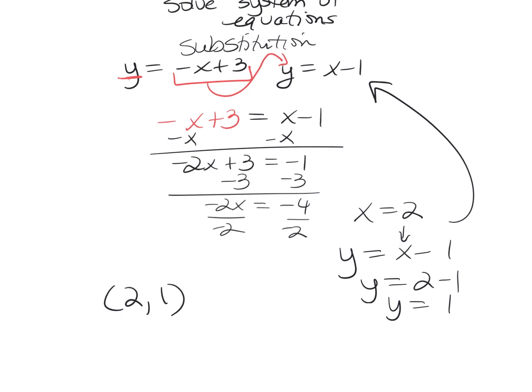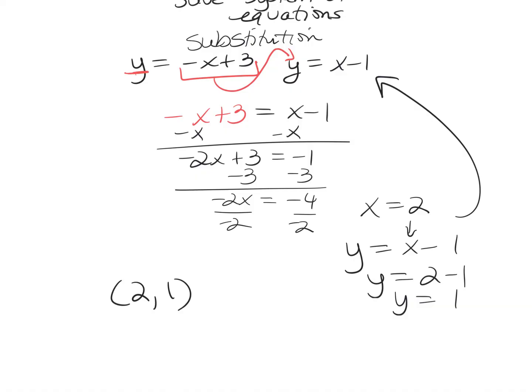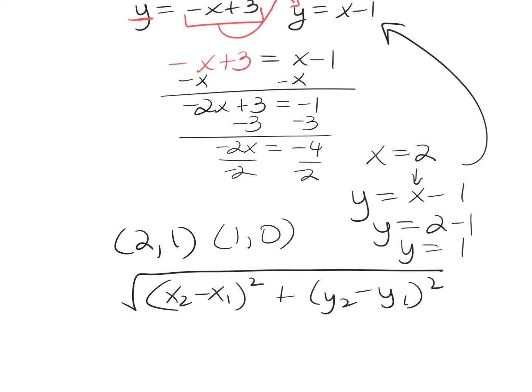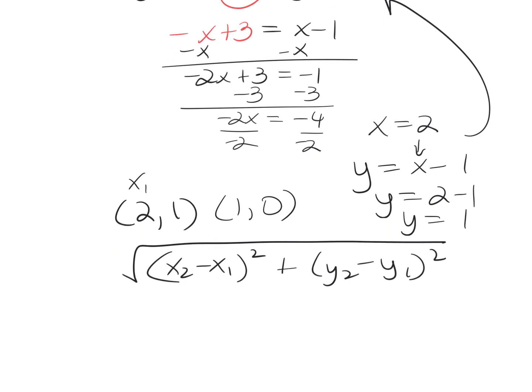Now I can find the distance between the 2 points, and the other given ordered pair from the beginning was the 1, 0. Now I do the distance formula, x2 minus x1 squared, y2 minus y1 squared, all under the radical. This could be my x1, y1, x2, y2.